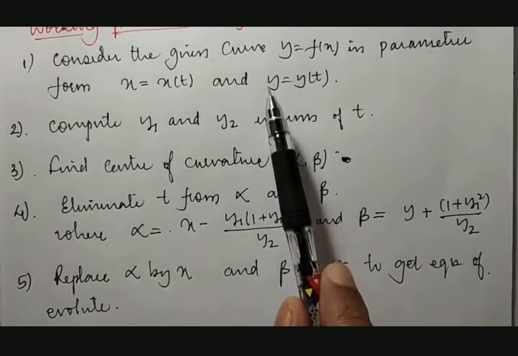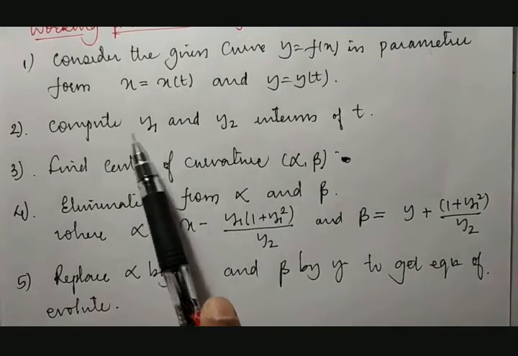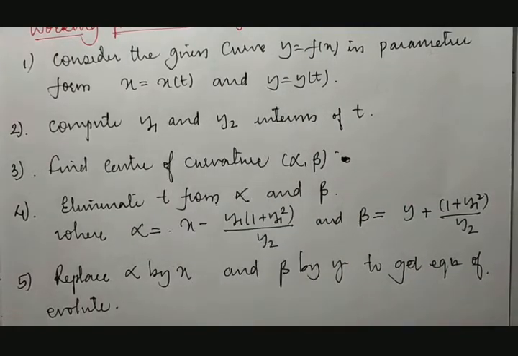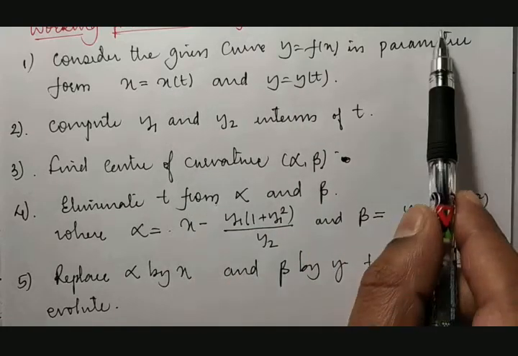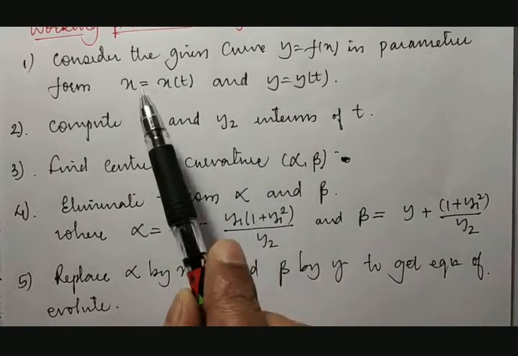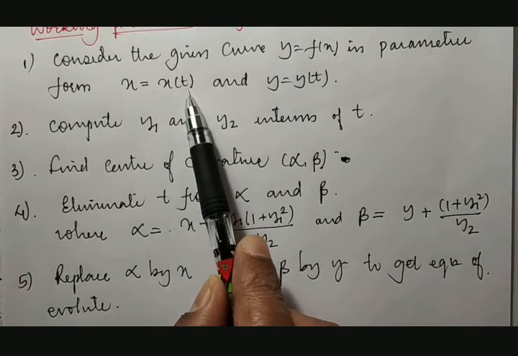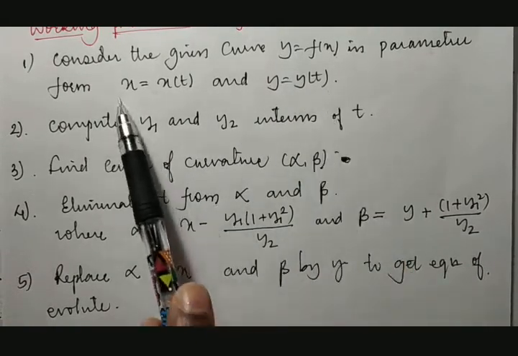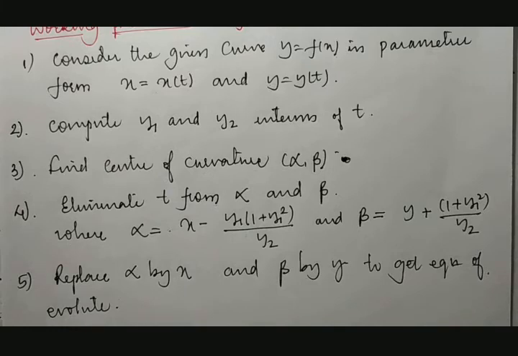Then after converting, we need to find the value of y1 and y2 in terms of t. Means when we convert this into parametric conditions, we can see x is equal to x of t and y is equal to y of t. So x has to be differentiated with respect to t and y should also be differentiated with respect to t.